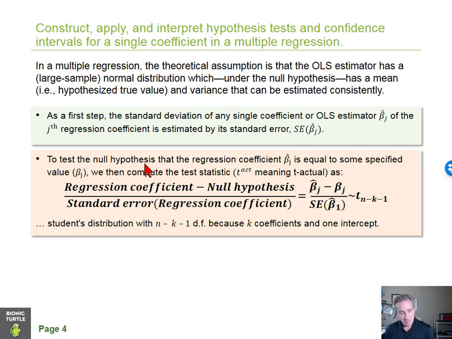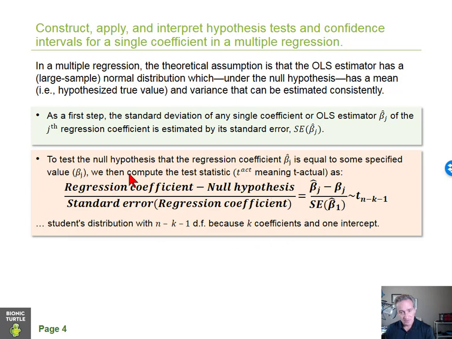We typically test the null hypothesis that the true regression coefficient is equal to some specified value. And we compute the test statistic, which Stock and Watson denote as T, with a superscript ACT, meaning test actual.